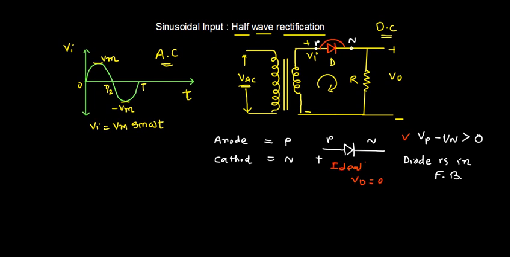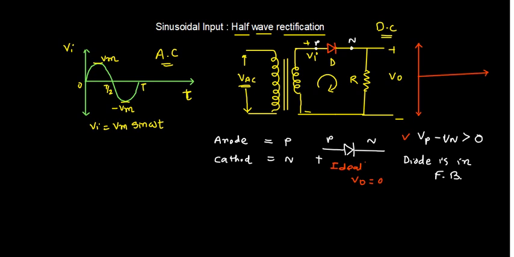Now whenever this acts as a closed switch, over here at the output terminal, if I draw the output signal, I can see that whatever input signal is there, the similar input signal will be available at the output side.